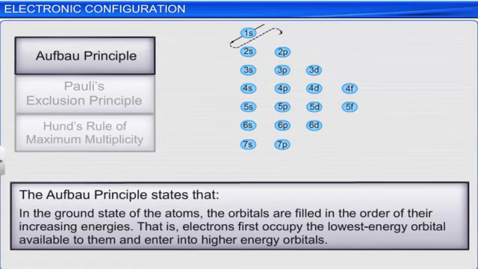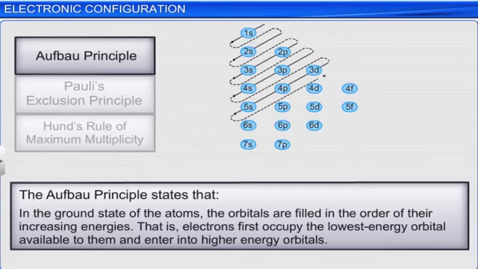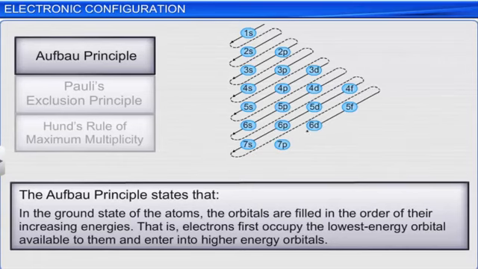It states that in the ground state of the atoms, the orbitals are filled in order of their increasing energies. In other words, electrons first occupy the lowest energy orbital and then enter into successive higher energy orbitals. The electrons enter into various orbitals in an increasing order of n plus l value.